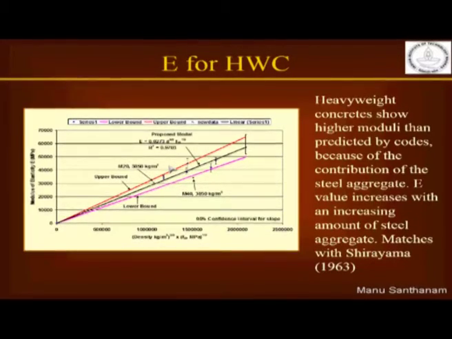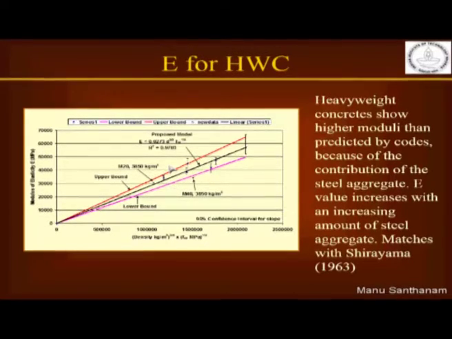Now this is again an example from the same project on high density concrete where we were determining the elastic modulus. Please remember earlier when we talked about the relationship between elastic modulus and strength, I told you that the 5000 square root of fck comes about because we assume normal density for concrete, that is 2400 kilogram per cubic meter. Now what happens if the density changes? Obviously that equation will not hold good.